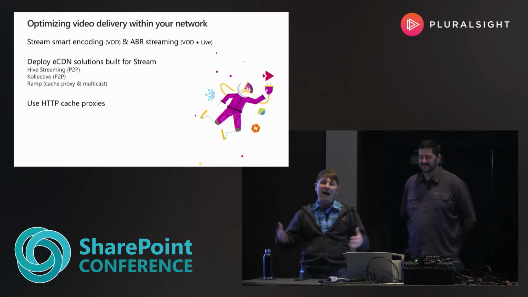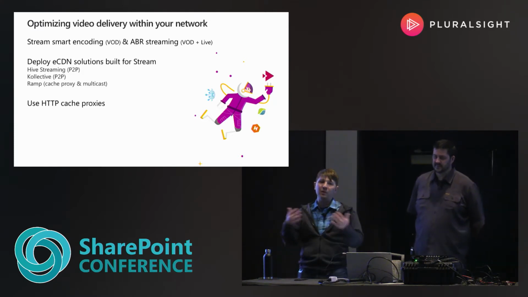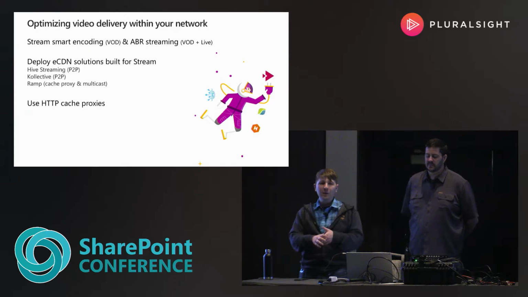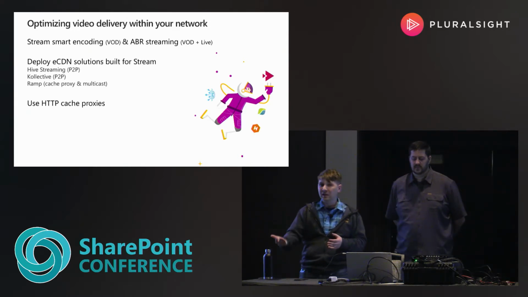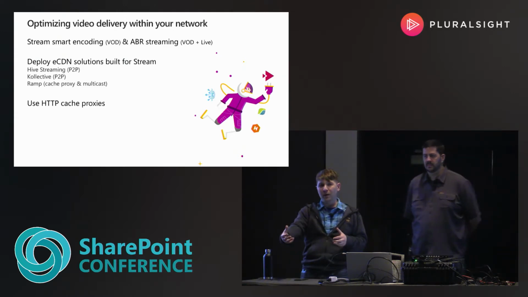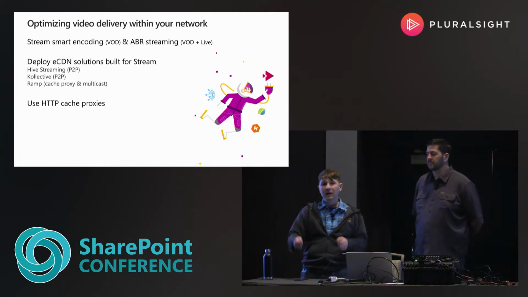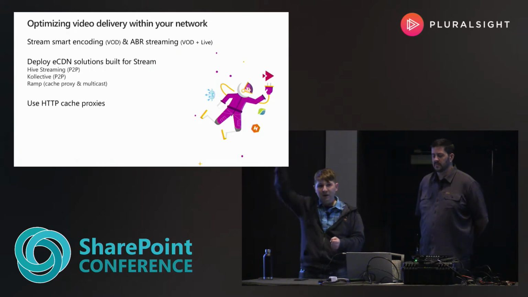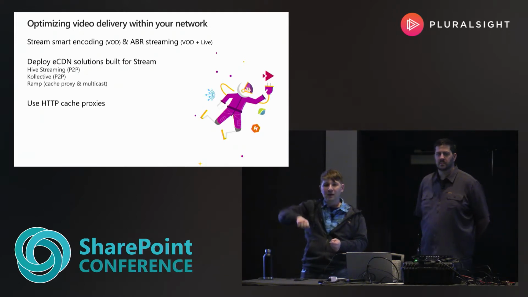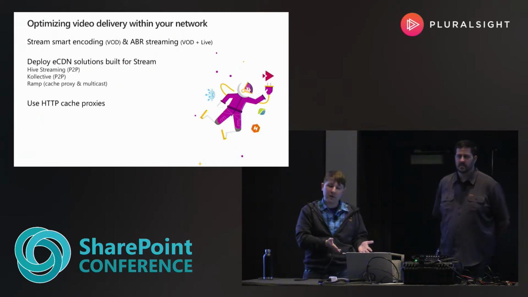And so that may act like a live event, where lots of people are watching the same thing over and over, but it is still spread out, right? Not everyone's watching it all at the same time. But when you start using live events as part of Microsoft 365, lots of people are going to be watching that event all at the same time. And so they're all downloading the chunks of the video over and over. And so if you have a big internet pipe up to the internet and you're okay downloading that, great. If you're not, then you need to look at one of these solutions.